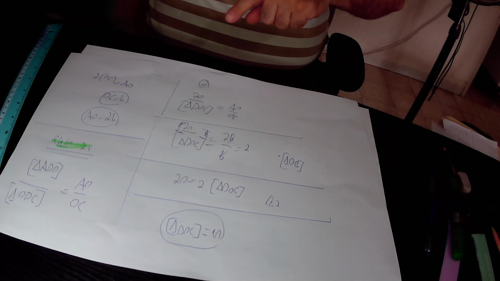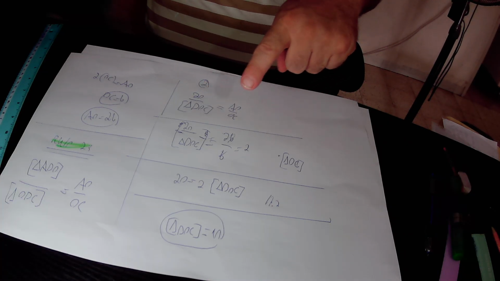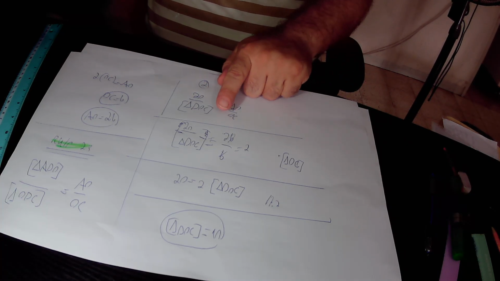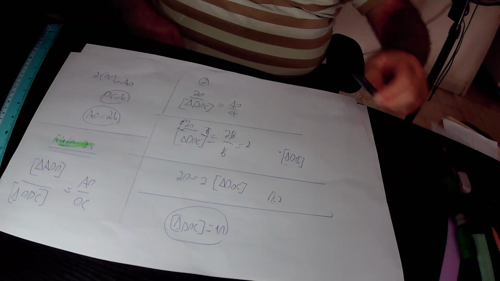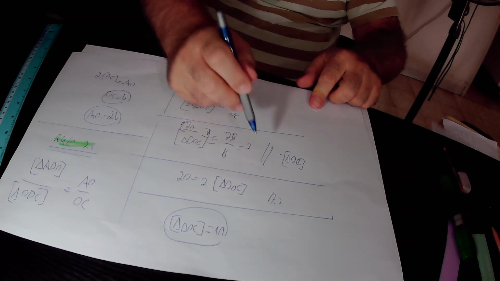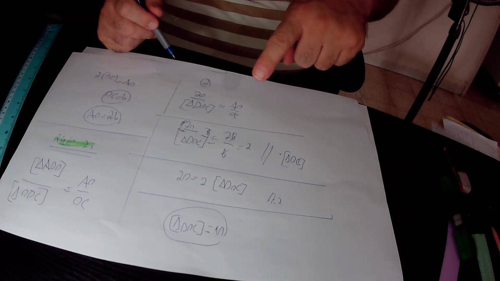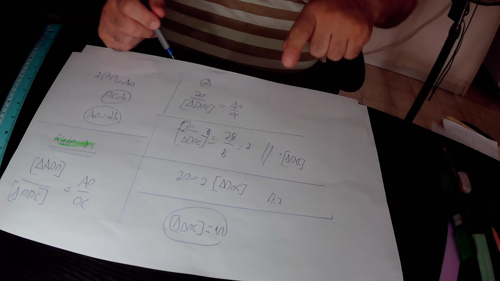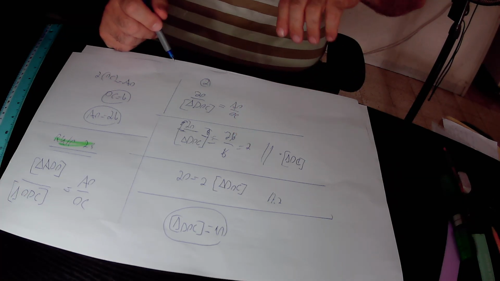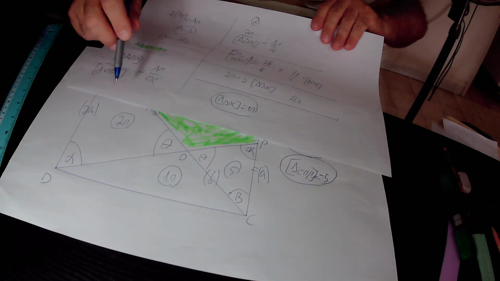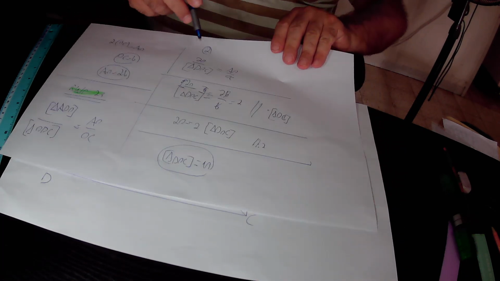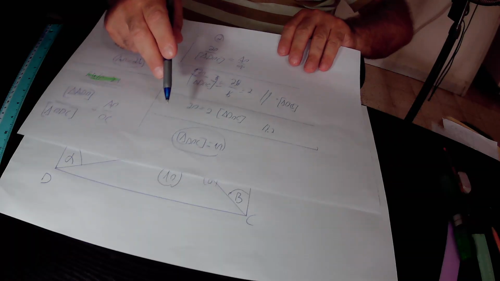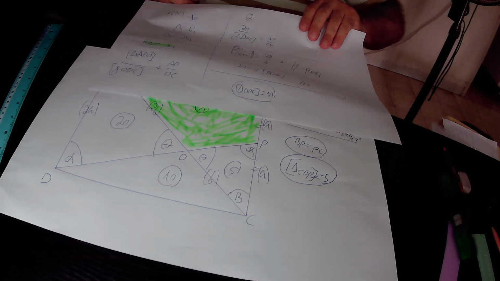So 20 over the area of triangle DOC equals 2. Here we multiply this equation by the area of triangle DOC, and find that 20 equals 2 times the area of triangle DOC. Here we divide the equation by 2, and finally find that the area of this small triangle DOC is equal to 20 over 2, that is 10 square units.